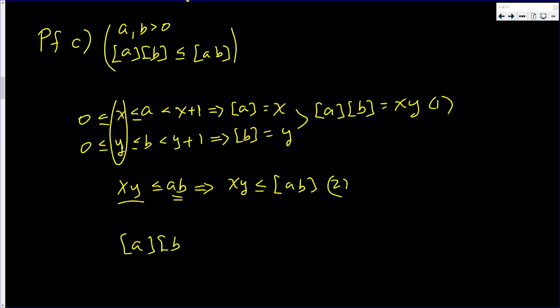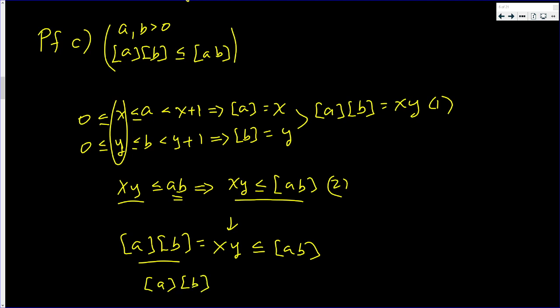Equation 1 says that this is equal to XY. Equation 2 tells us XY is less than or equal to the greatest integer of AB. Now let's just remove the middle. The greatest integer of A times the greatest integer of B is less than or equal to the greatest integer of AB.